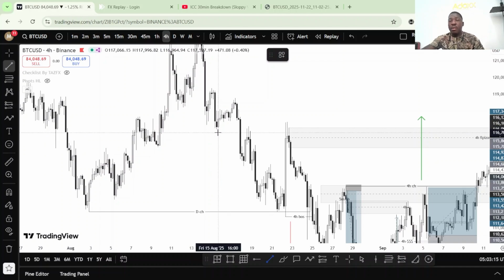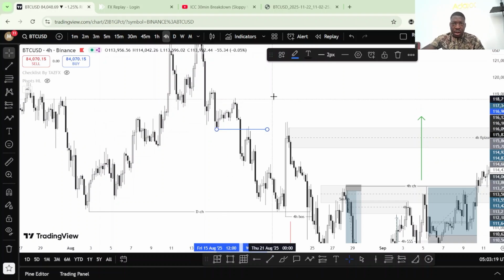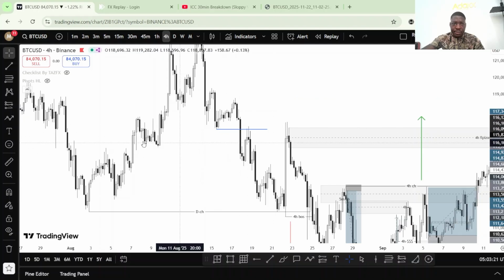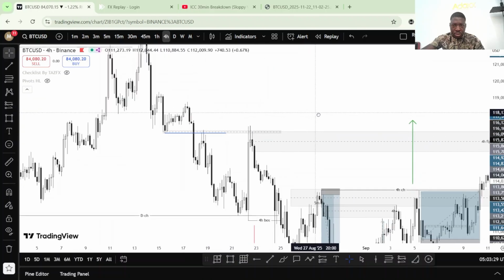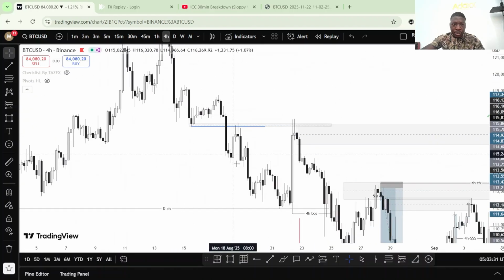But yeah, let's mark out this level. This is a very clean level, for example. Price came here. For the sake of this video, I'm going to draw out this box. Okay, so this is the 4 hour. Clearly bearish, there's bearish momentum.